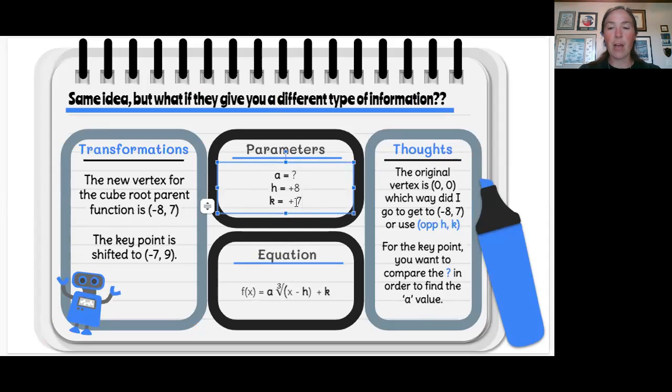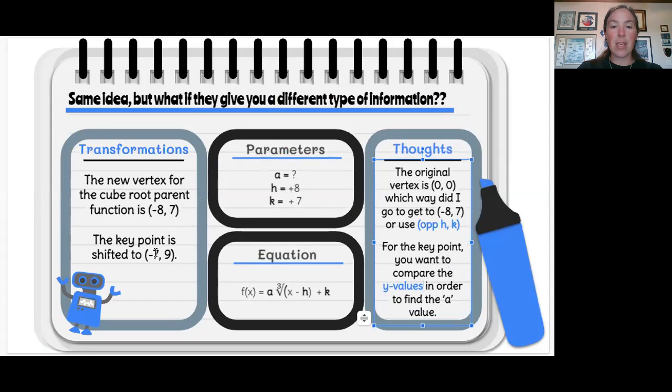So the last thing that we have to try to figure out is the A value. And I've got a little note over here off to the side for that too. For the key point, you want to compare the Y values, okay? So the Y values of the vertex and then the Y value to the key point in order to find the A value. So the Y value of our vertex, or the inflection point, was 7.